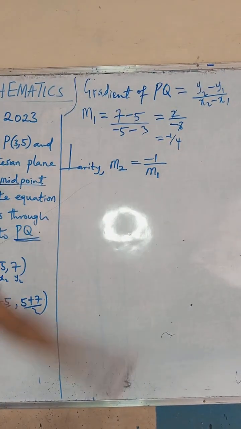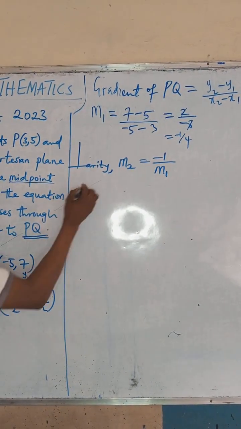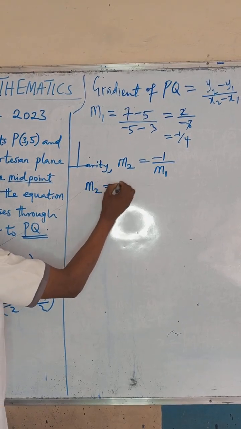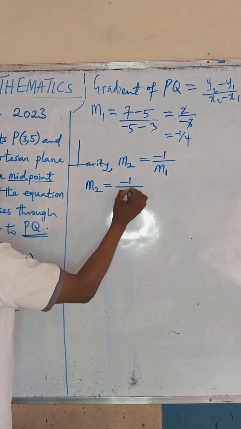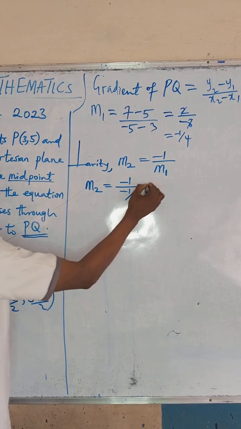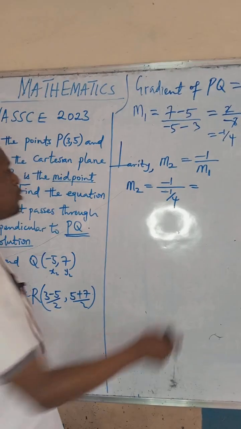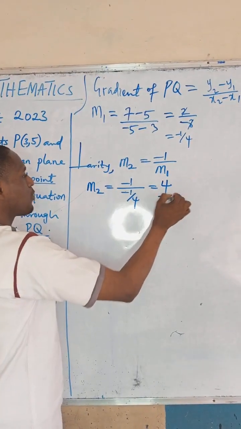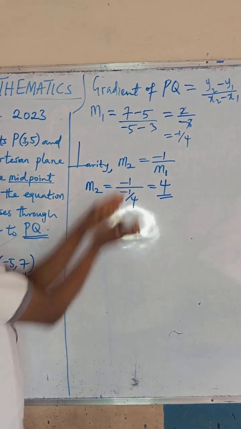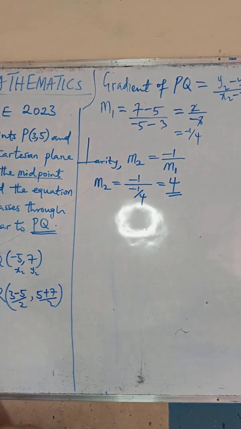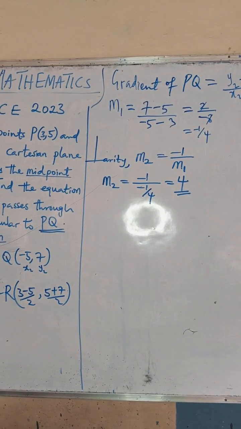That's why I use this condition. So m2 will be minus 1 divided by minus 1 over 4. Minus cancels minus, and the inverse of 1 over 4, turned upside down, gives 4.